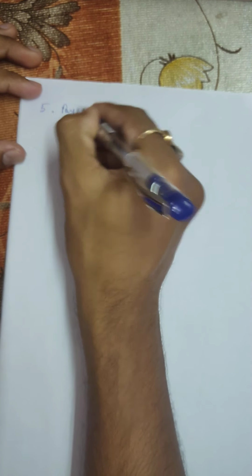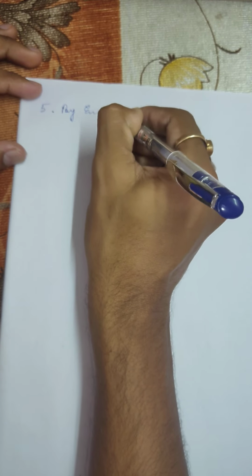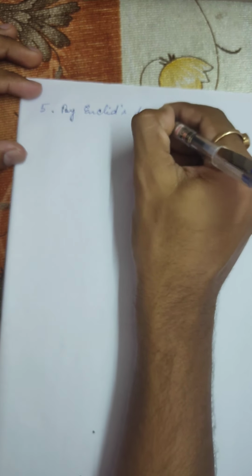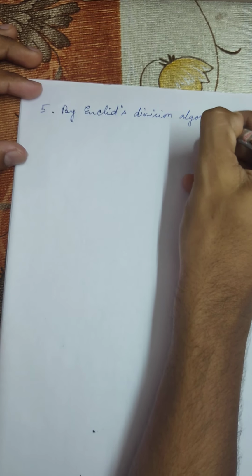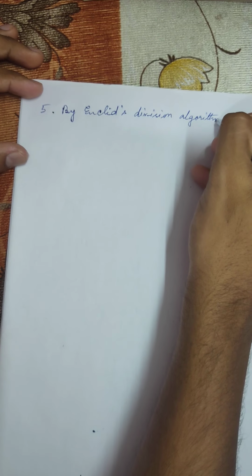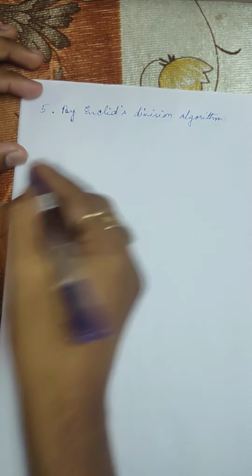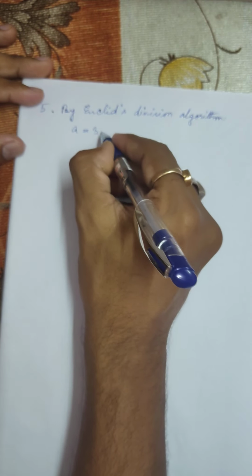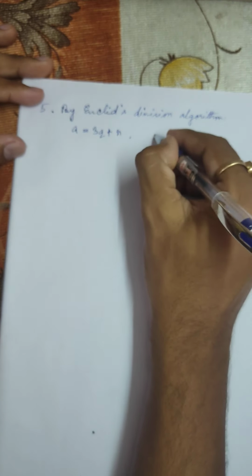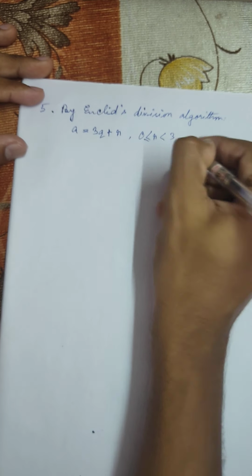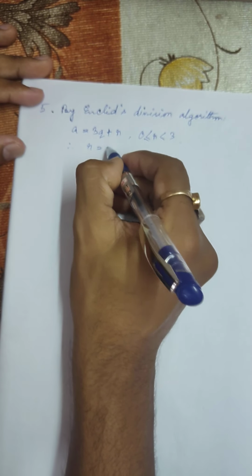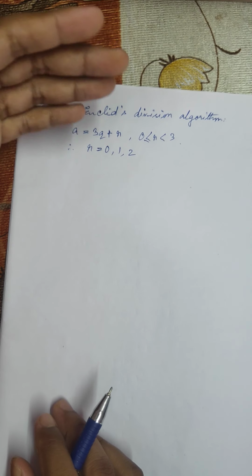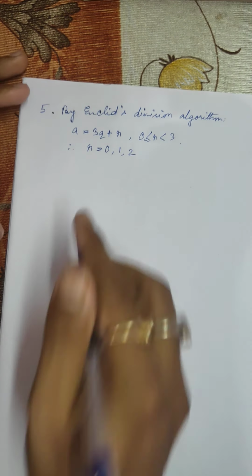Again, by Euclid's division algorithm, a equal to 3q plus r, where r is greater than or equal to 0, less than 3. Therefore r equal to 0, 1, 2. We have considered the value of b is 3 here.